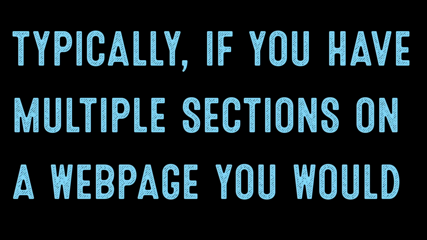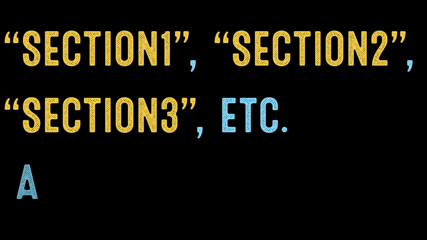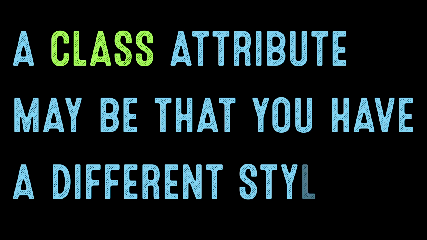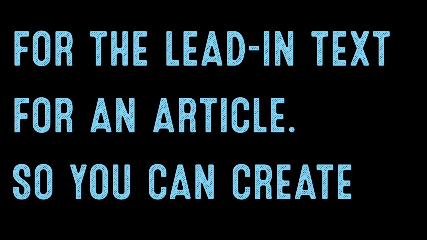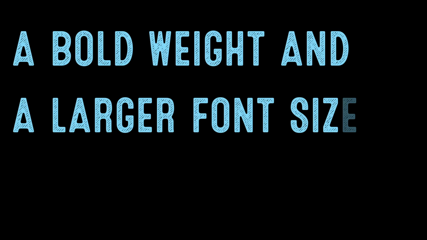Typically, if you have multiple sections on a web page, you would assign a unique ID identifier to each section, such as Section 1, Section 2, Section 3, etc. An example of a class attribute may be that you have a different styling for the lead-in text for an article. So you can create a class called lead-in to which you will add a bold weight and a larger font size.